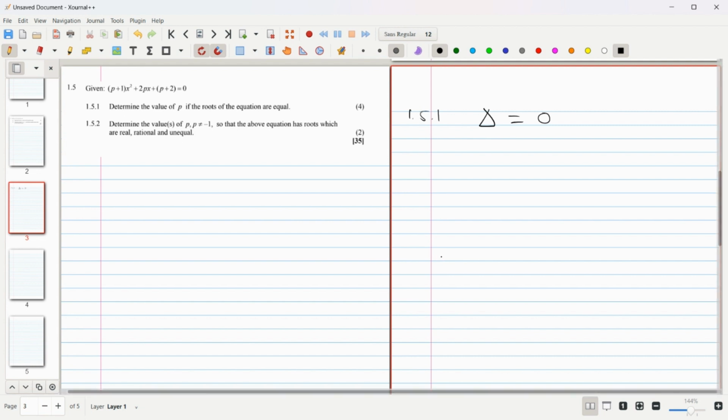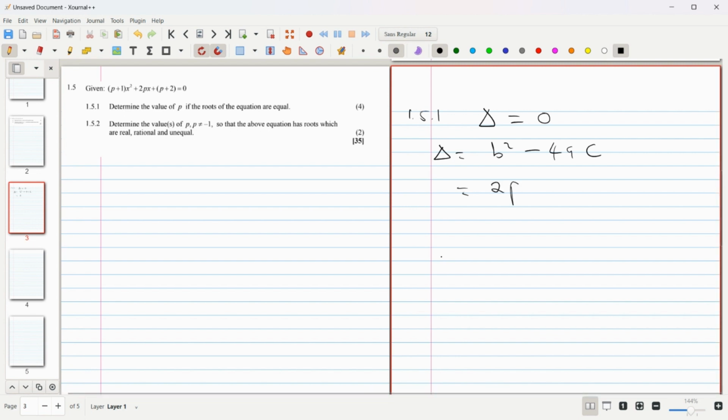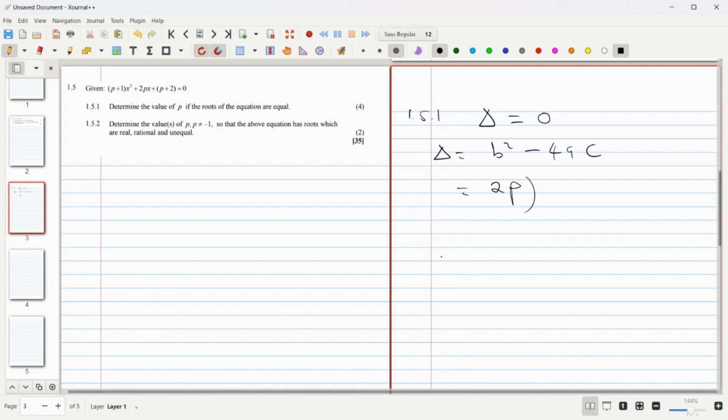So let's find the discriminant. Our discriminant, we know, is b squared minus 4ac. Our b in this equation is the coefficient of x, which is 2p, not 2x, 2p.